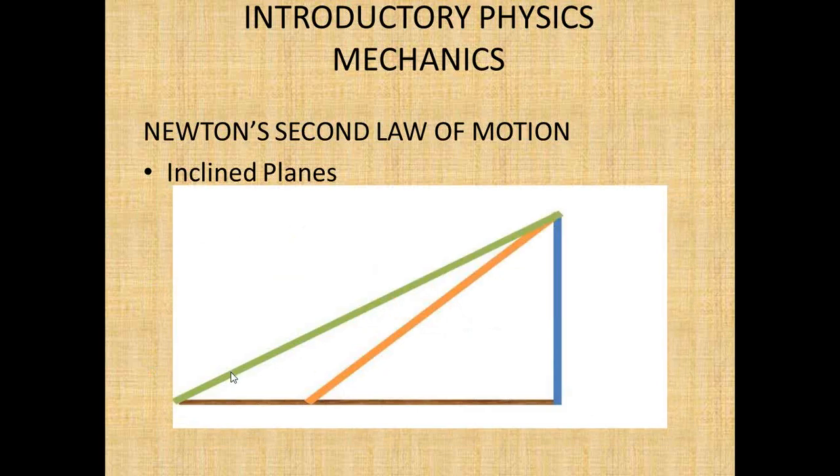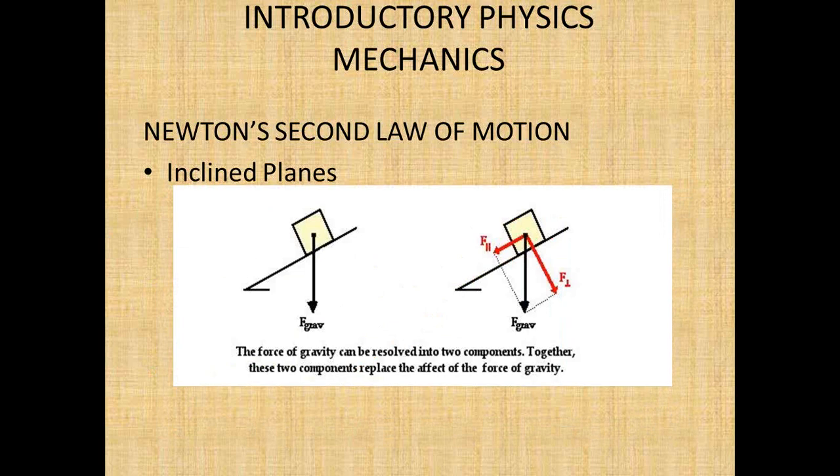So if you have an incline, say 30 degrees, the object is going to slide at a certain rate. At a greater angle, say 45 degrees, it's going to slide down even faster. So the greater the incline, the greater the rate at which the object is going to slide down. And this is the reason why. When you have an object on an inclined surface, you're going to have a number of forces acting on the object.